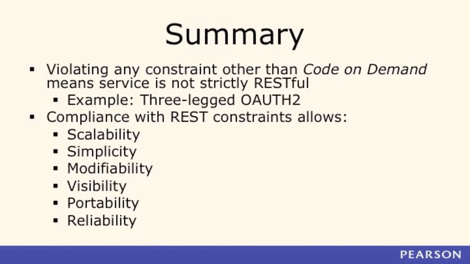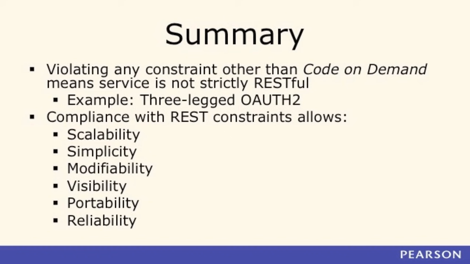The brief summary of these constraints then is that violating any of these constraints other than the optional code on demand constraint means that a RESTful service is not strictly RESTful. I gave you the example previously of three-legged OAuth. Because there is a phase in there that maintains state, it's not strictly RESTful even though it's constructed in a REST-like fashion.